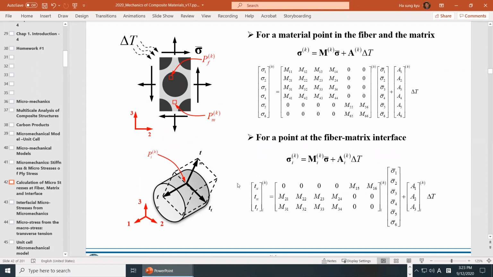And also, very importantly, on the surface between the fiber and resin, we always have an interface. Along this interface, we need to calculate the stresses at the interface. At the interface, we always have 3 components: one normal and 2 tangential components.